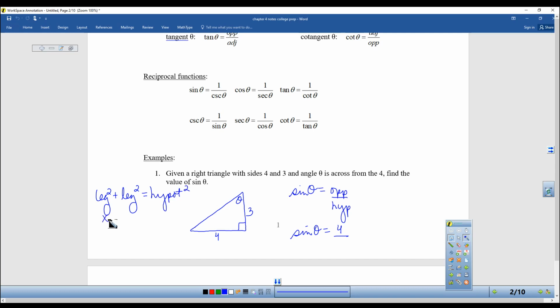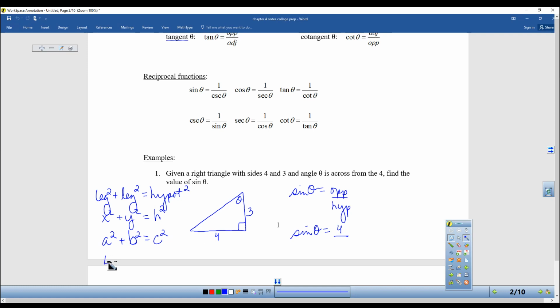You might have learned it as x squared plus y squared is equal to h squared, or a squared plus b squared is equal to c squared, I think is the most famous one. But I really like the person that taught me leg squared plus leg squared is equal to hypotenuse squared. It reminds you what the picture looks like.